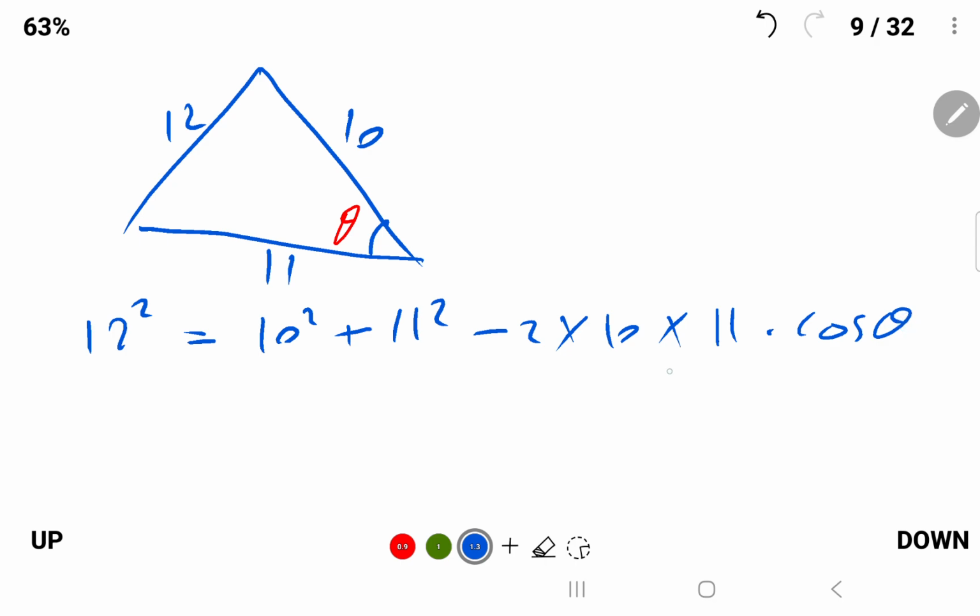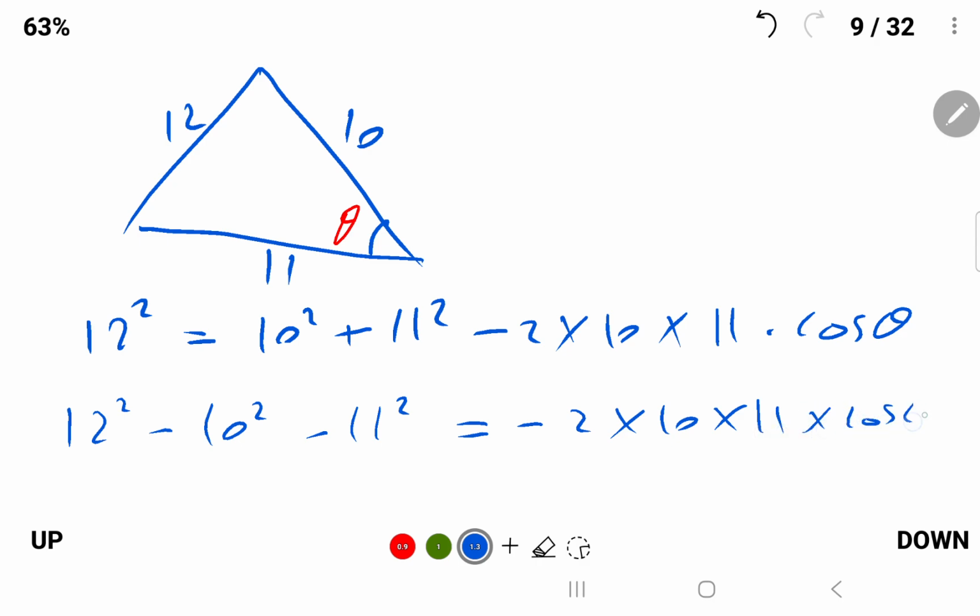And then from here, you can make cosine theta the subject of the equation. So take 10 squared, 11 squared to the left side. 12 squared minus 10 squared minus 11 squared is equal to negative 2 times 10 times 11 times cosine theta.